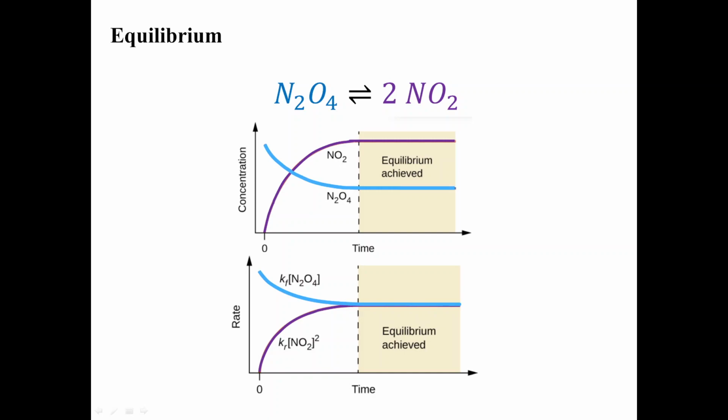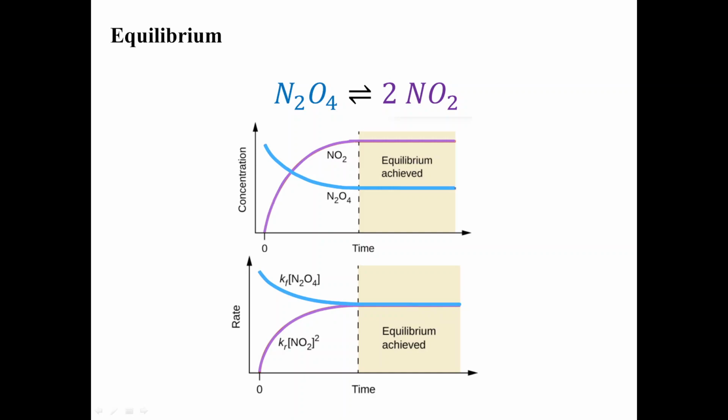And then the rate at which the NO2 converts into N2O4 is going to increase as the concentration of NO2 is increasing. And at some point, we'll see that the rate of our forward reaction, the N2O4 converting into NO2, equals that of our NO2 forming N2O4, the reverse reaction.